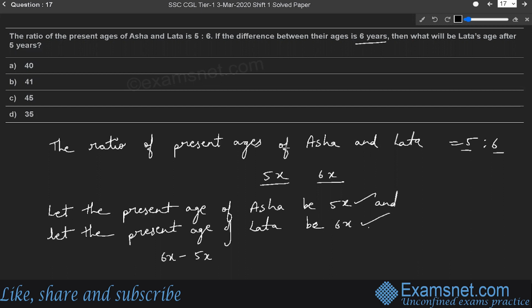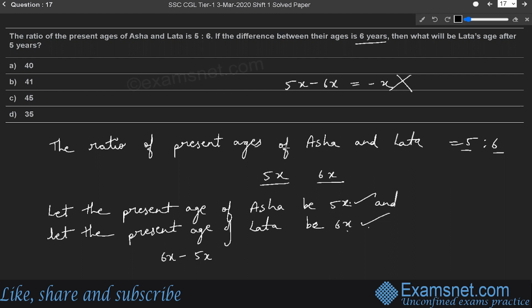Because here we are talking about ages, and whenever we have to find the difference between ages, it will always be the greater number minus the smaller number because age cannot be negative. See, if we did 5x minus 6x, it would equal minus x. But we know that age cannot be negative. So this is wrong. That is why the difference will be 6x minus 5x.